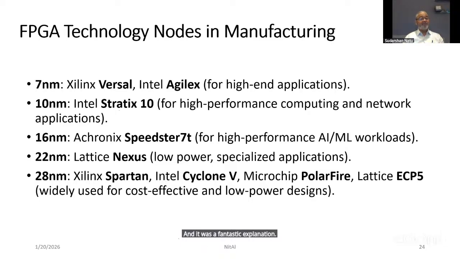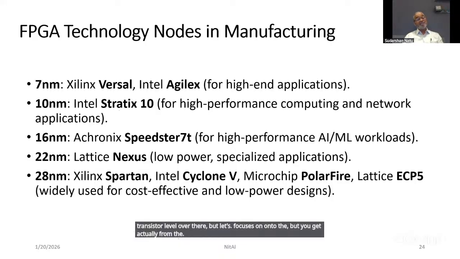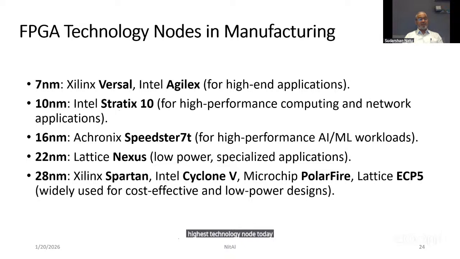Why exactly, when we say 2 nanometer, is it really 2 nanometer of channel length or is it something different? Let's not go into the transistor level here, but the highest technology node available today, Xilinx and everybody is producing that because there is competition.